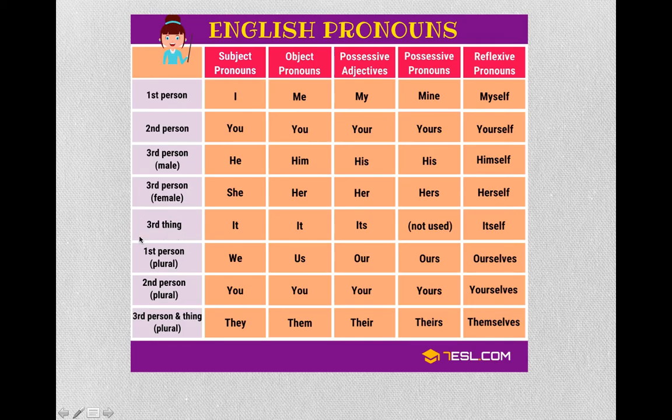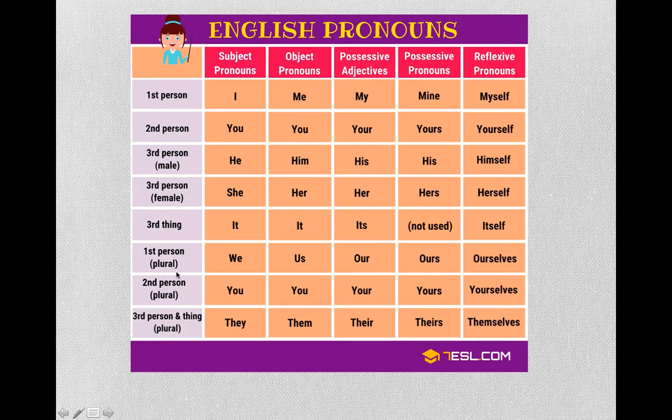Now, if it's third person but it's for a thing, we use it. It's non-gender, right? It's not used with possessive pronoun. It's possessive adjective. So that if something belongs to a thing, we say its. Doing something by itself, like the car moved by itself. Itself. Now, these are singular pronouns.